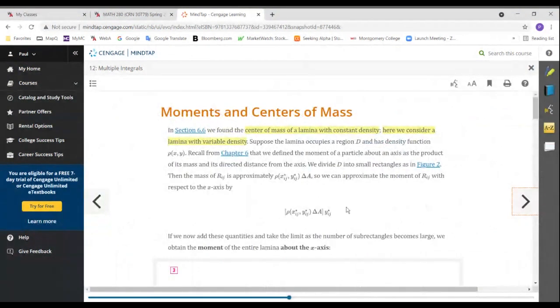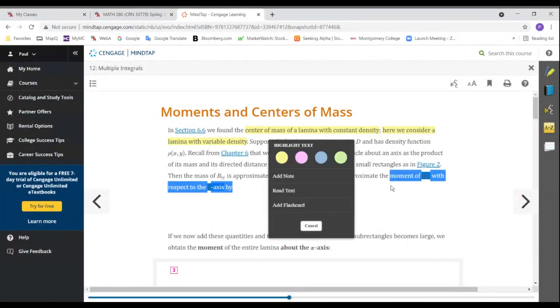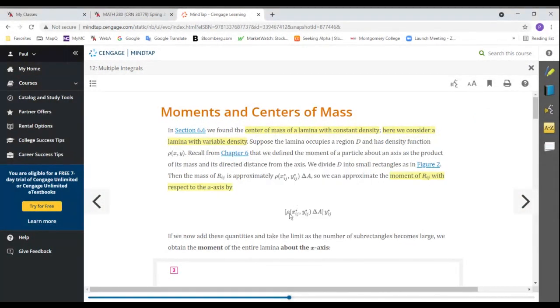then it turns out that we can approximate the moment of every rectangle about the x-axis by this product. You take the density at the point times the piece of area at the point and multiply it by y sub ij.